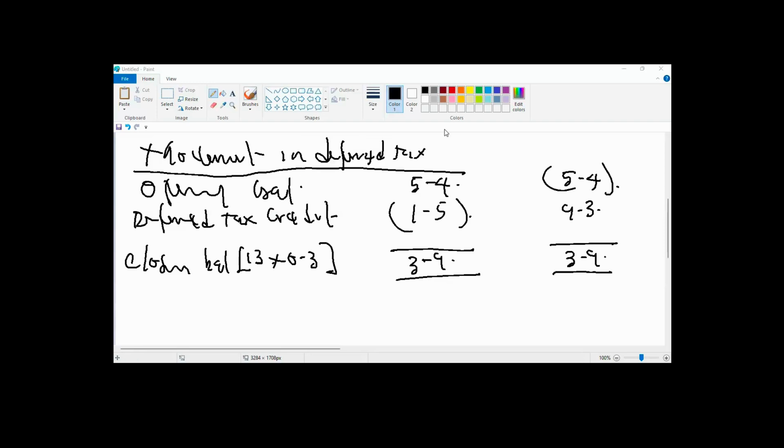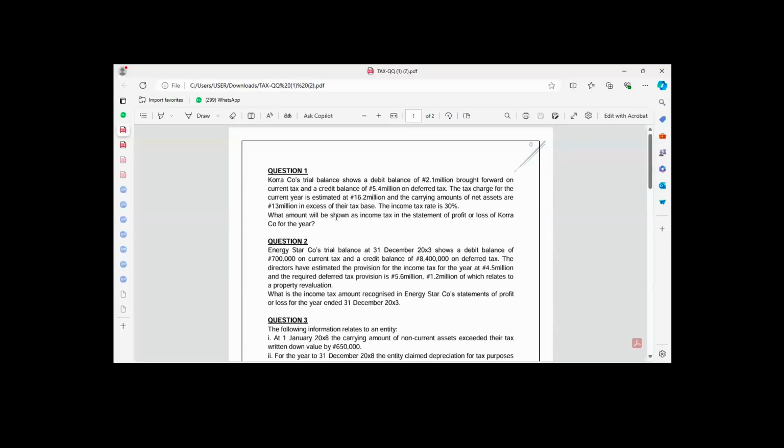Any question on question one? Look, question two. Energy Star Co's trial balance as at year end shows a debit balance of 700 on the current tax and a credit balance of 84 on the deferred tax.